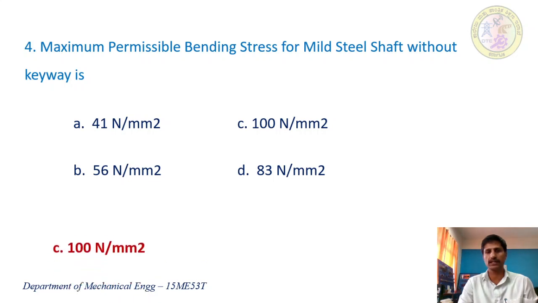The right answer is 100 Newton per mm square. If it is a keyway shaft, then it is 83 Newton per mm square. If it is a shaft without keyway, it is 100 to 110 Newton per mm square. So the right answer is 100 Newton per millimeter square.